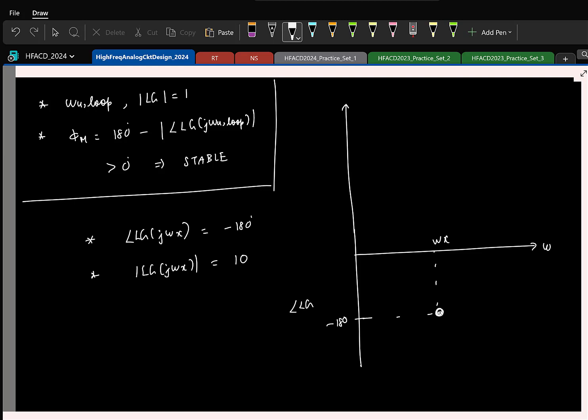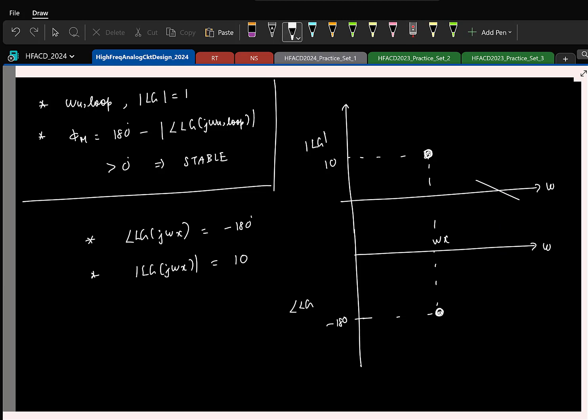At that same frequency, if I sketch the magnitude, it is some 10. Now if I increase the frequency, typically the gain is going to drop, so at some point it is going to come here. I just need to check what the phase is at this frequency.